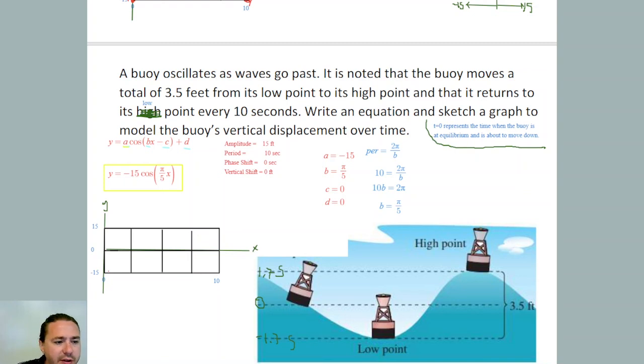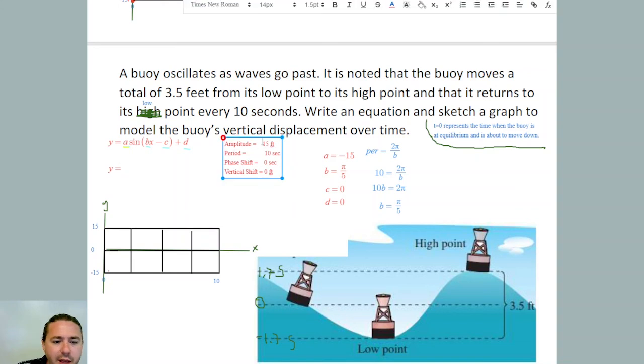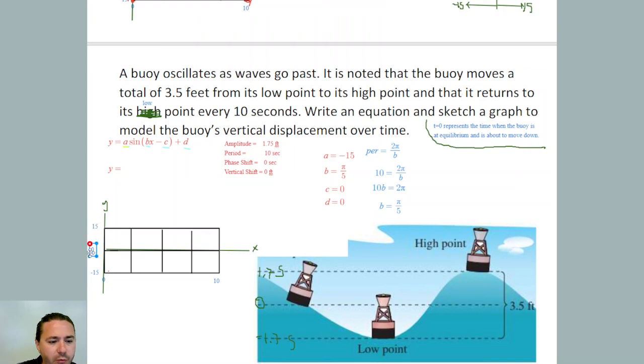So let's fix all this. Instead of cosine, we're going to use sine. I'm just going to delete all this because it's going to be all different. The amplitude here is 1.75 feet. So let's fix our little graph here. 0 is going to be our starting place.